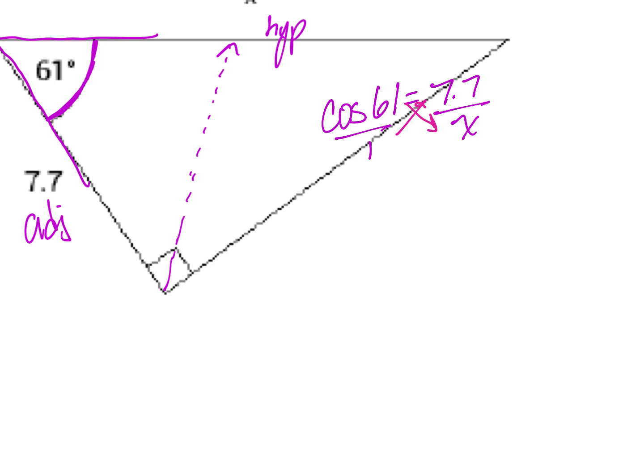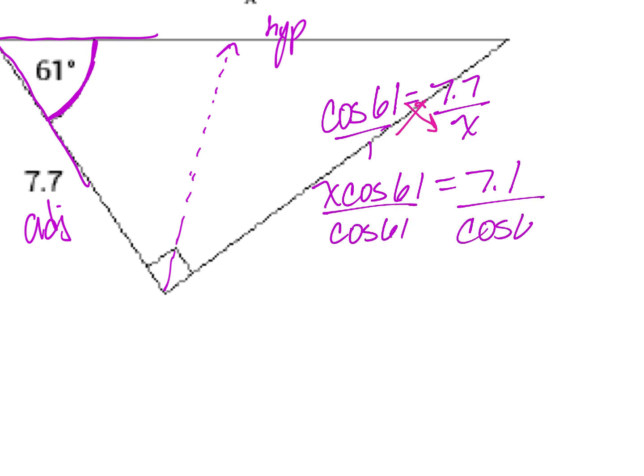Cross multiply, and I get x cosine of 61 equals 7.7. And I want to get the x by itself, so I'm going to divide by the cosine of 61. So x is approximately equal to 7.1 divided by cosine of 61. 14.6.